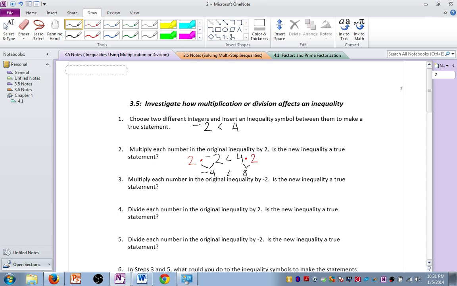And when I bring down my inequality symbol, that is still a true statement. -4 is less than 8. That is a true statement.